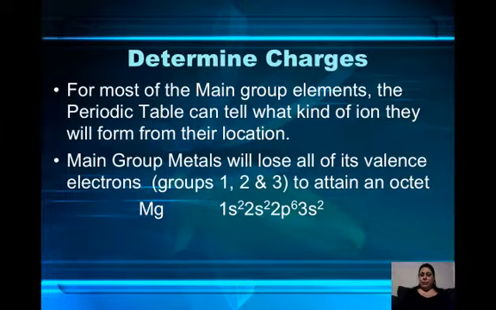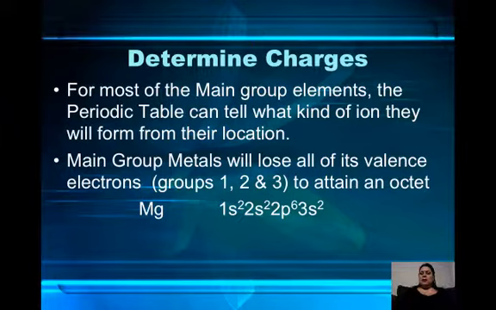Here's an example. All metals want to attain an octet. That's what's driving these atoms to form ions in the first place. So magnesium's electron configuration is 1s2, 2s2, 2p6, 3s2. It's got 2 valence electrons in its outer shell.